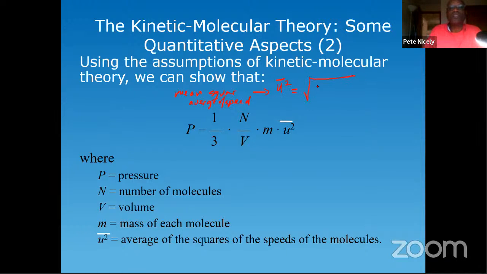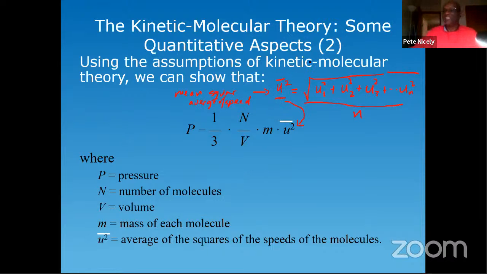This is equal to the square of the velocity of gas molecule 1, plus the square of the velocity of molecule 2, molecule 3 squared velocity, and so on to the nth molecule, all divided by the number of molecules, right? So that's what this represents, right? And that's what is here in this equation, all right?